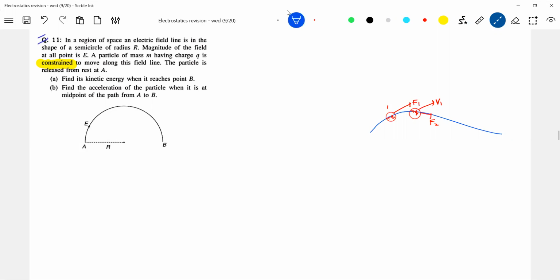Now it will move in this direction. So there is no question of it following the lines of force. But if the line of force is a straight line and you release a test charge, definitely it will move along the line of force. Here the line of force is not straight, it is curved. So it will not move along the line of force, but it is constrained to move along that one.